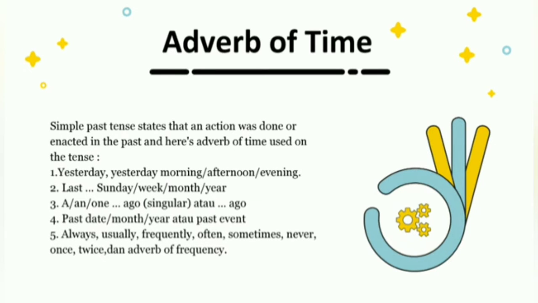Adverb of time in the simple past tense. Simple past tense states that an action was done in the past, and here are the adverbs of time used with this tense. 1. Yesterday: yesterday morning, afternoon, or evening. 2. Last: last Sunday, last week, last month, or last year. 3.